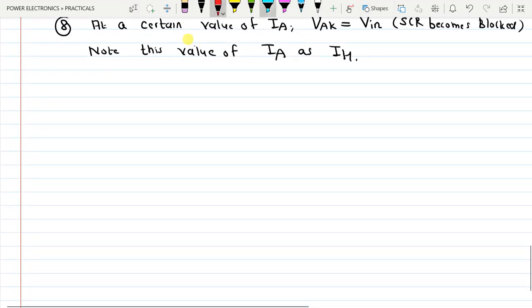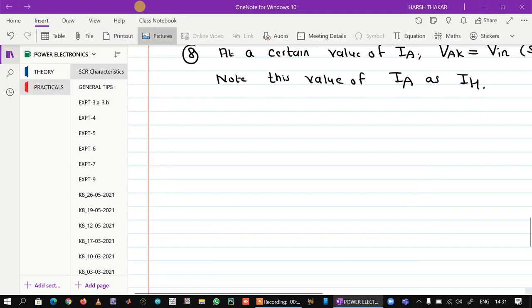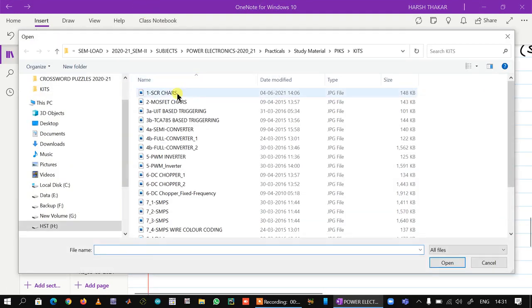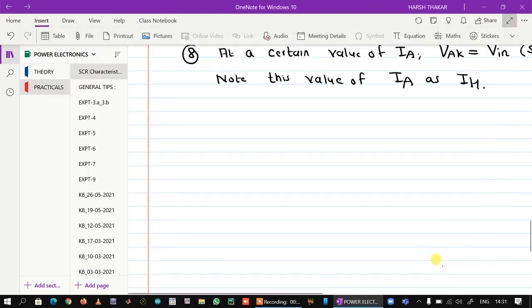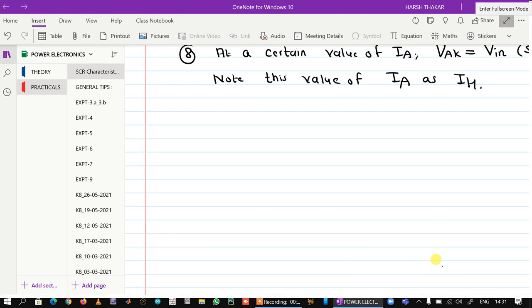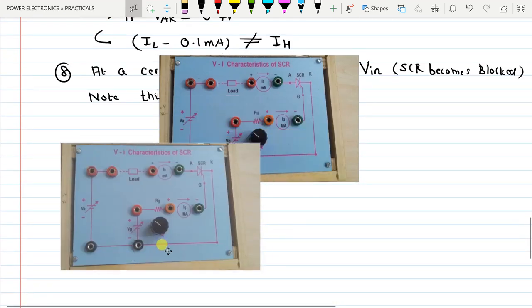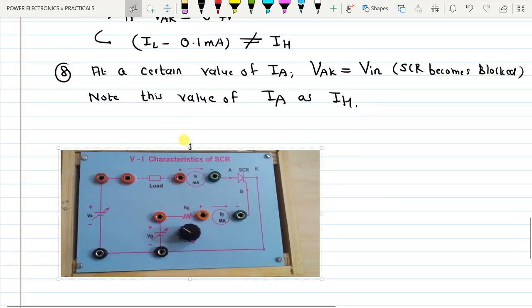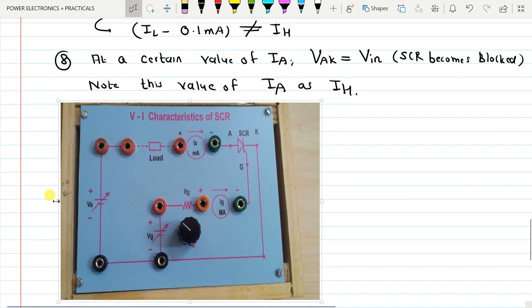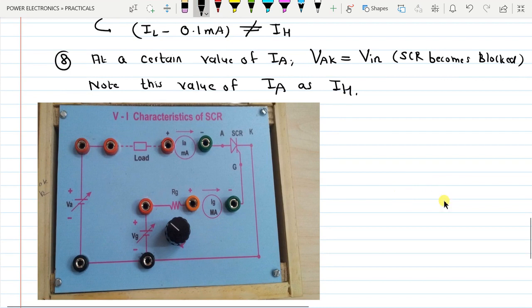The fourth bit is to plot IA versus VAK for IG1, IG2 and IG3.